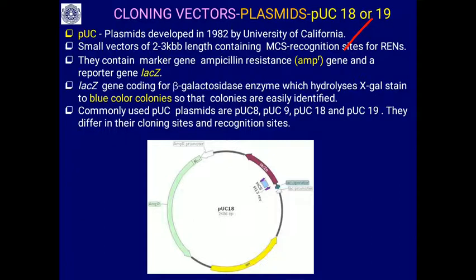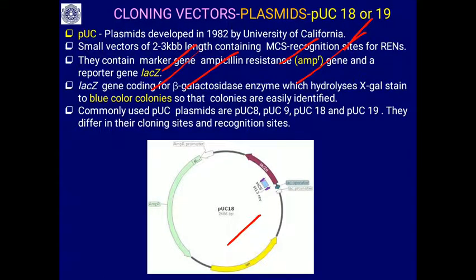They are small vectors compared to pBR322. The size is about 2 to 3 kilobase pairs, and it has a multiple cloning site or recognition site. They contain a marker gene, ampicillin resistance, and a reporter gene.